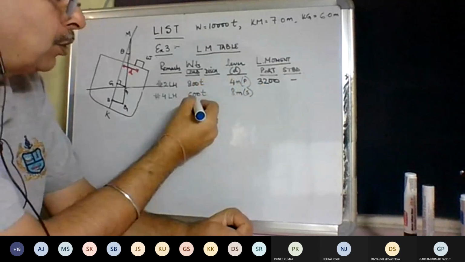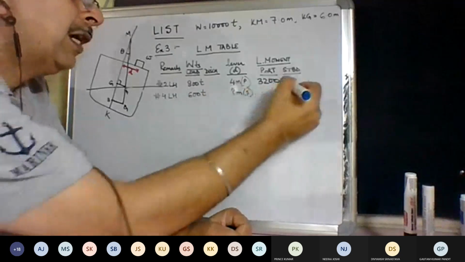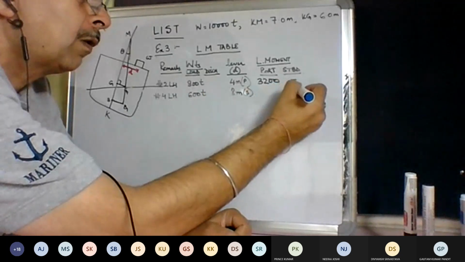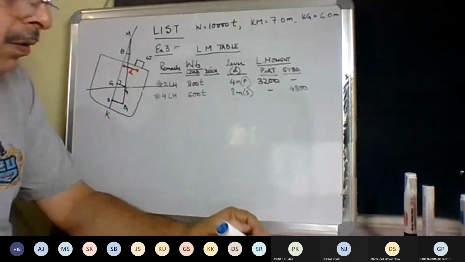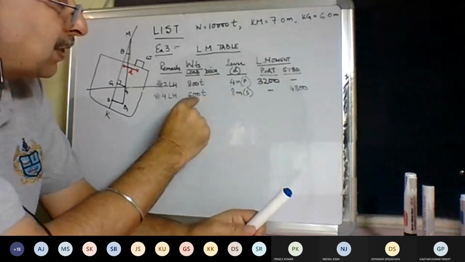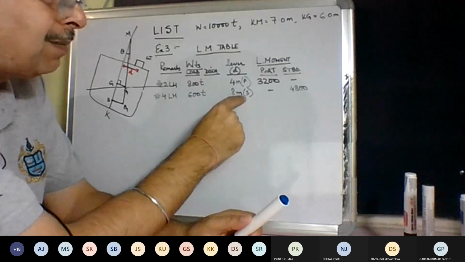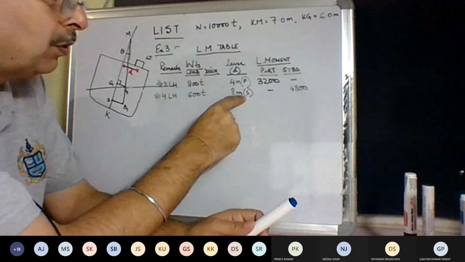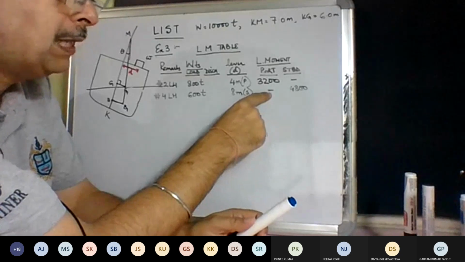W into D will be 4,800 to starboard. Port will be nothing. Supposing I was discharging this, then I would have written this in discharge. Discharging from starboard will give me a port listing moment. Do you copy that?